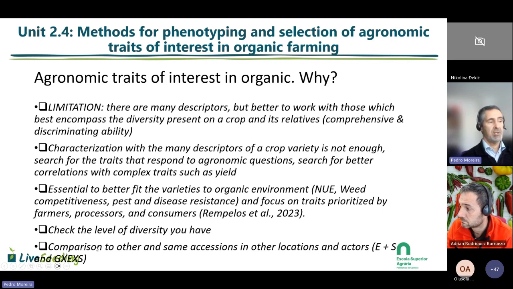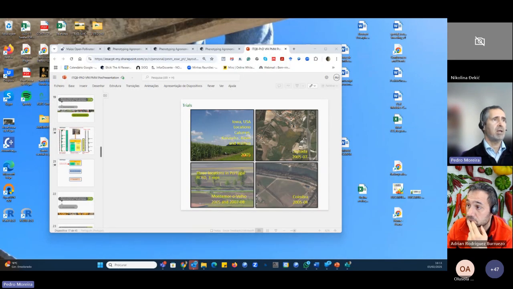In comparison to other accessions in other locations, actors are really important, as we have seen in the case of tomato, where in our example we have some results, but in other cases you could have completely different results. So this is important to have clearly in mind.